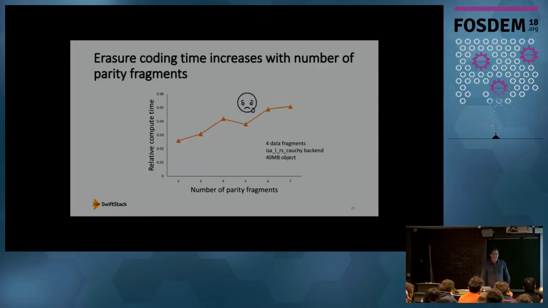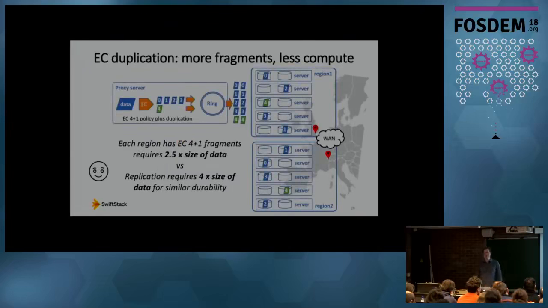So we had another think, and somebody very clever, not me, made the observation that although we want to have 5 fragments in each region, and the fragments in each region need to be unique with respect to each other, they don't need to be different fragments in the 2 regions. So instead of calculating more parity fragments, how about we just duplicate the set of fragments we have and spread them across the 2 regions? This means I can drop back to 4 data fragments and just 1 parity fragment.